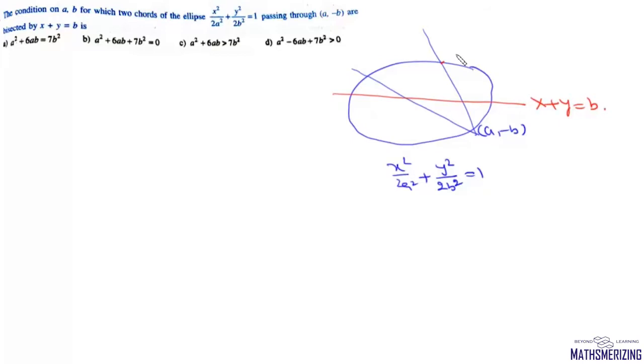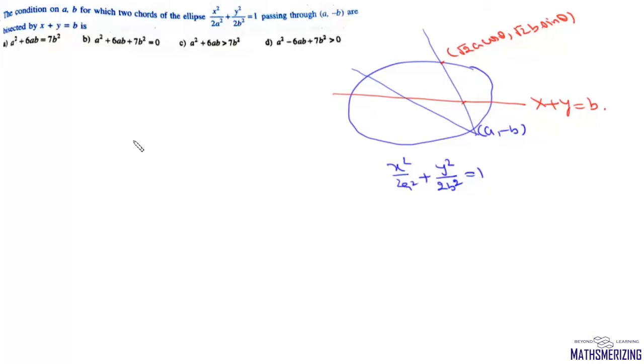So what we'll do is we'll take any general point on this ellipse. Any general point on this ellipse is given by root 2a cos theta and root 2b sin theta. Now the midpoint of this chord will lie on this line, so we'll find its midpoint.